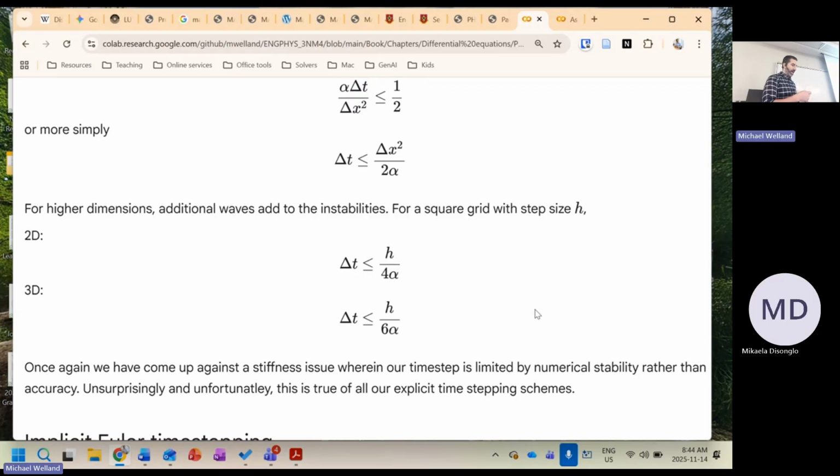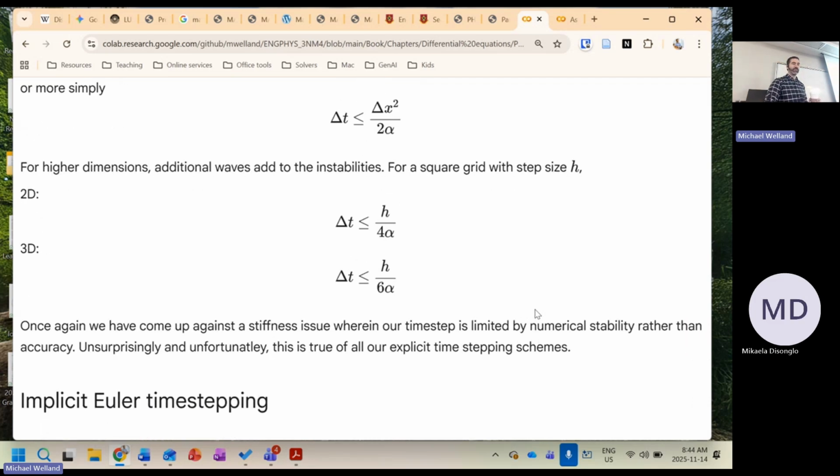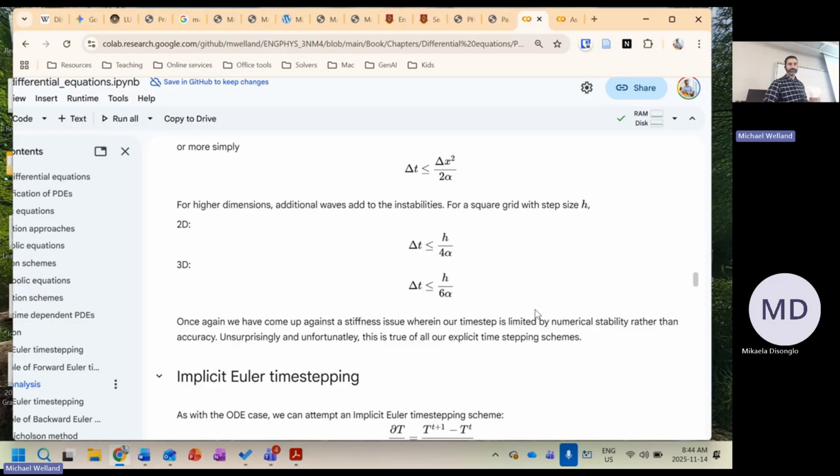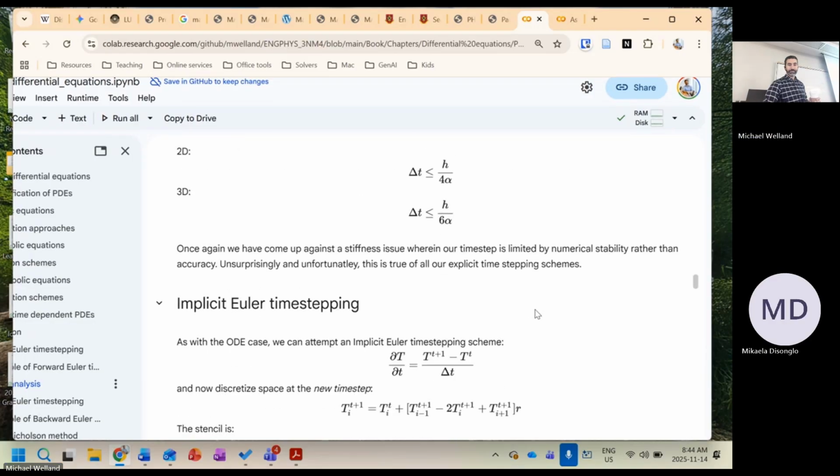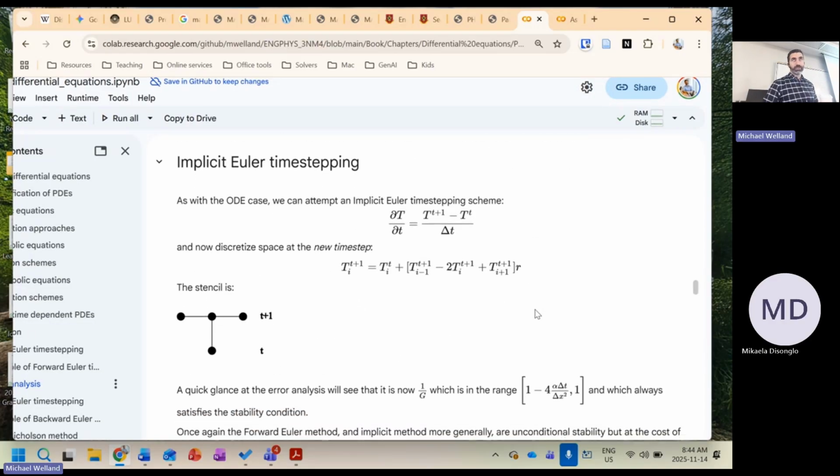This result is valid also for non-even spacing. The fact that this is evenly spaced doesn't change the region of stability, it just simplifies the analysis of it. So even if we're doing finite element, finite volume, it's still going to suffer the same thing. Question about that?